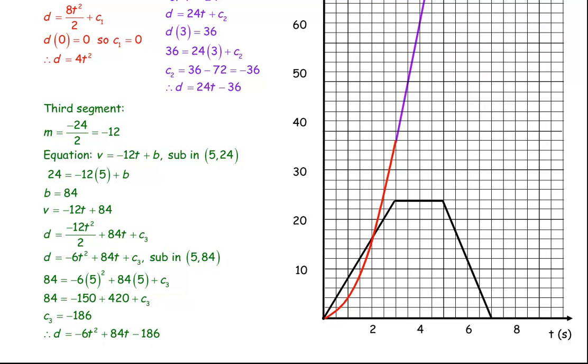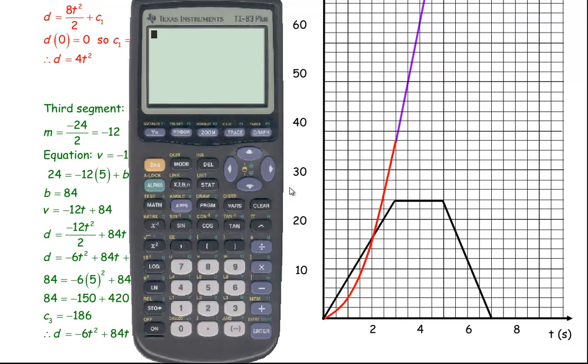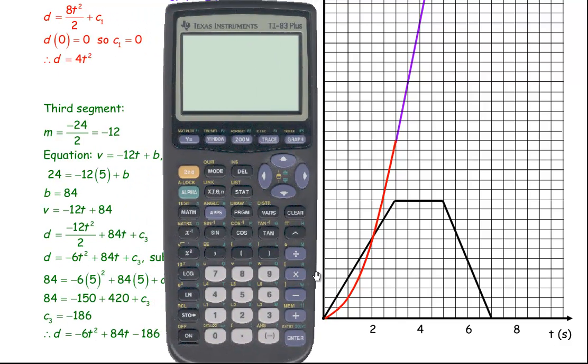And so to graph this now, bring the graphing calculator back one more time. So this part goes from 5 to 6 to 7 seconds, so it starts at 5 seconds. So let's substitute 5 just to check that one. Plus 84 times 5. Of course, it should give us that 84, I believe it is. And it does.